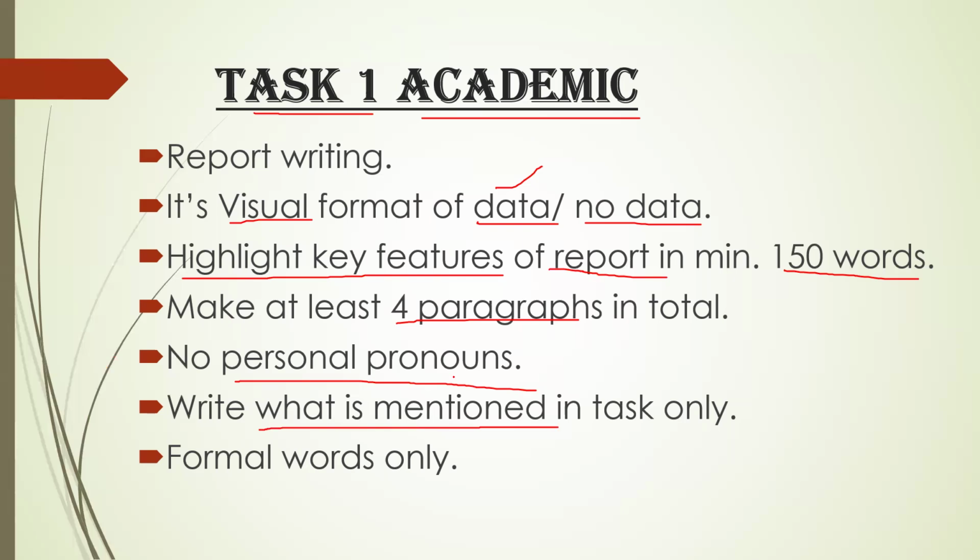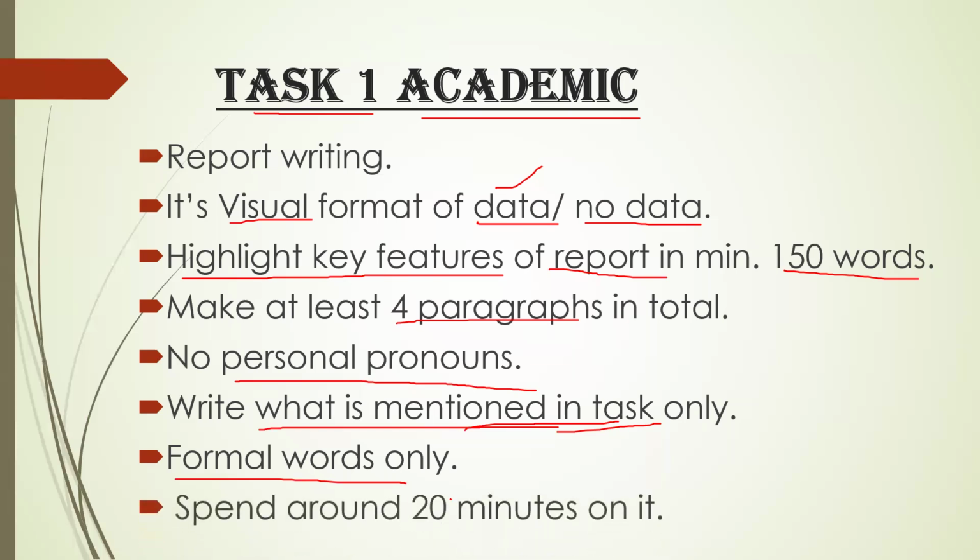You don't have to use assumptions or any previous knowledge that you have about the topic, but mention what is given in the task only. There are no assumptions allowed. The words should be formal only. Informal words or short form slang are not allowed in task one. And you have to spend 20 minutes, meaning in 20 minutes you should complete your task one so that you can have enough time for task two as well.